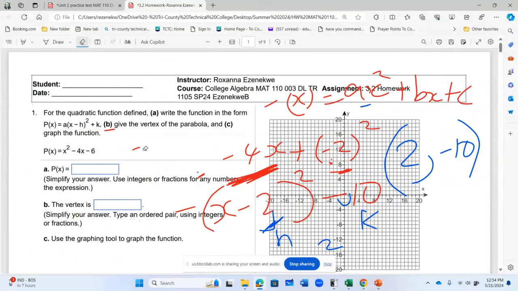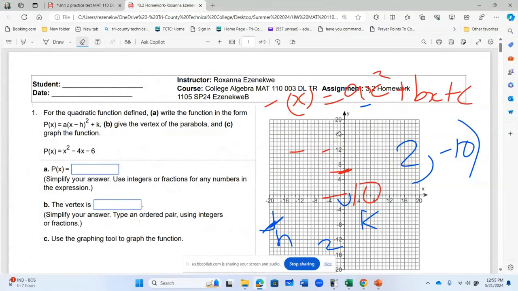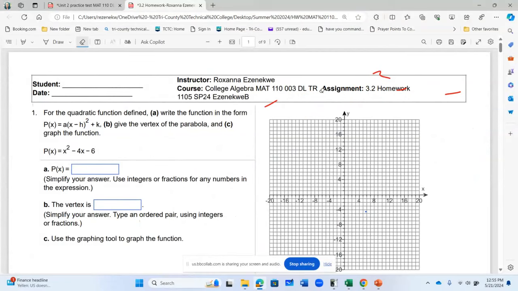We have to do it until we get it, and after some time we'll add in what is called completing the square. So let's do one more of changing from standard form to vertex form.